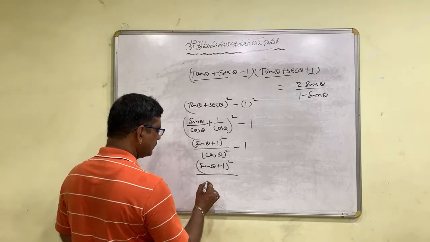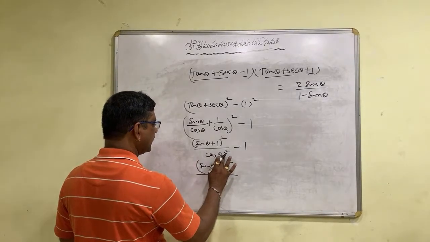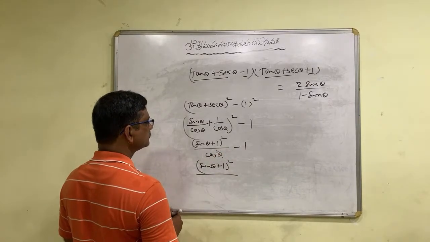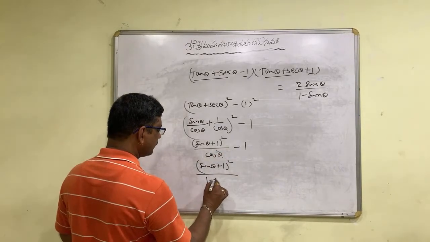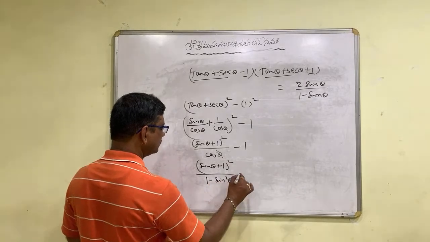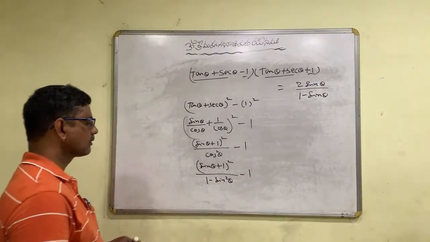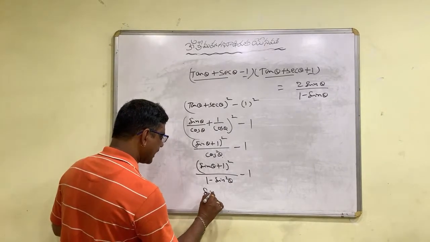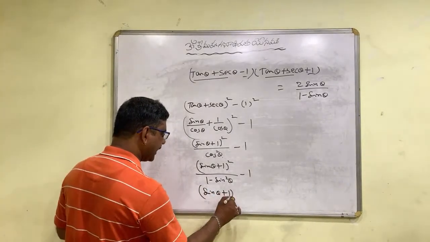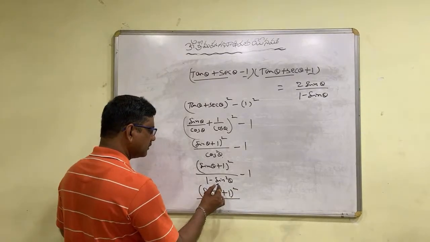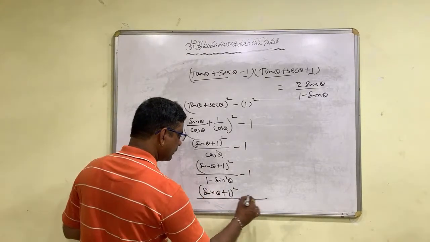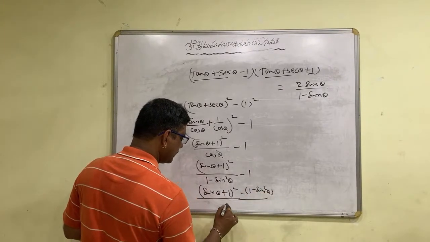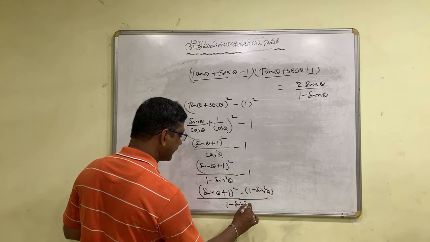So I'll write this as cos square theta, which is nothing but 1 minus sine square theta, minus 1. Now (sine theta plus 1) whole square by 1 minus sine square theta.